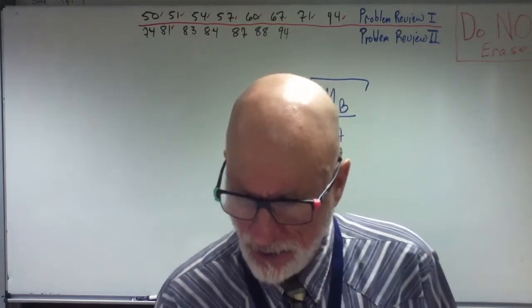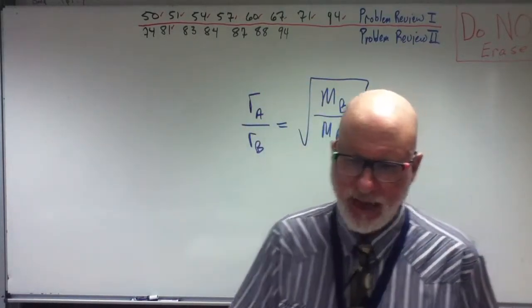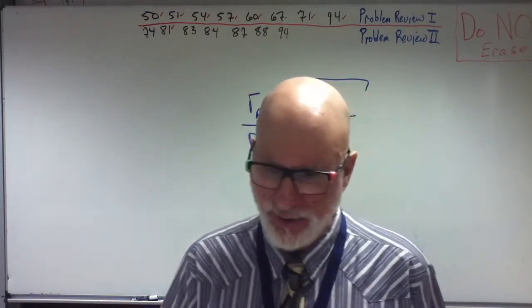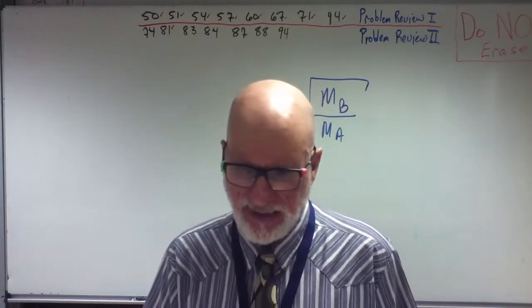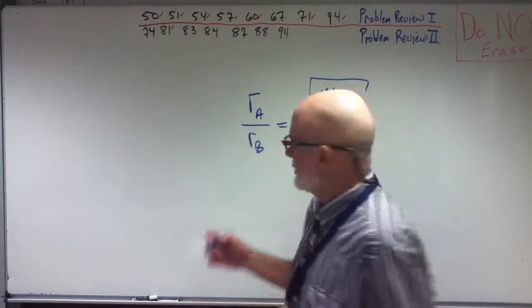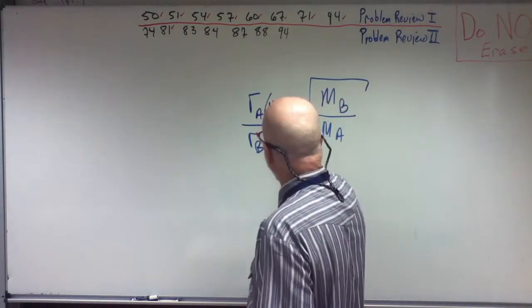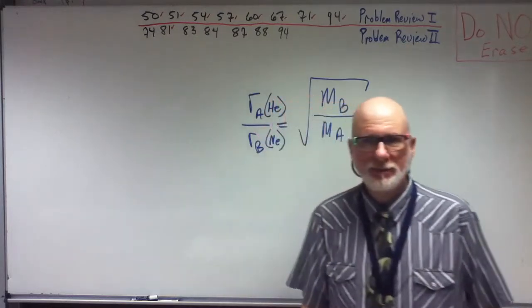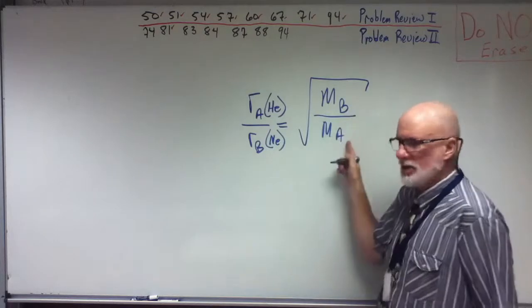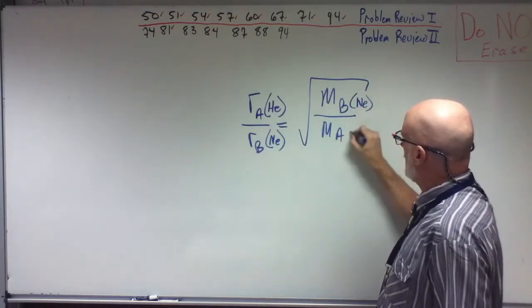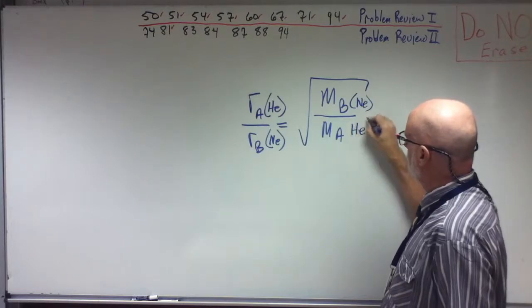All right, now, what do we say? What is the question? It says calculate the ratio of the velocity of helium atoms to the velocity of neon. So in other words, what's A going to be? This is going to be helium, and this is going to be neon. Correct? Yeah. So then this is going to be neon, and that's helium. Yeah.